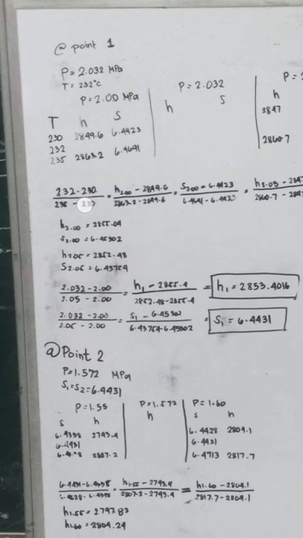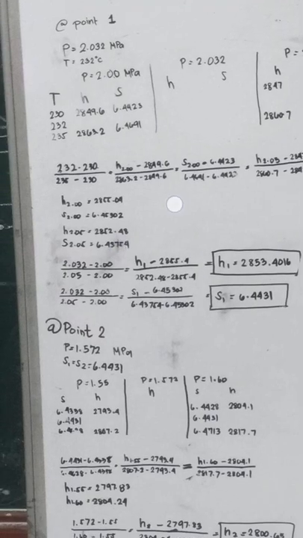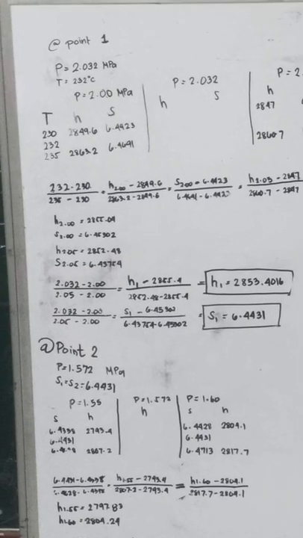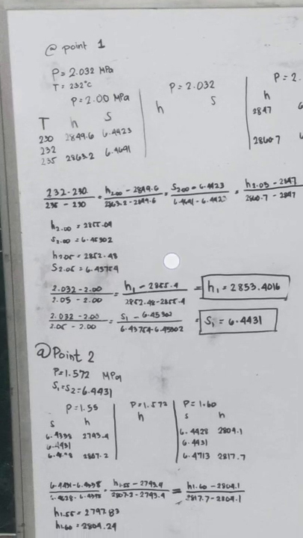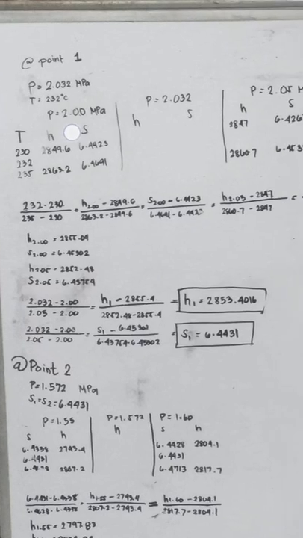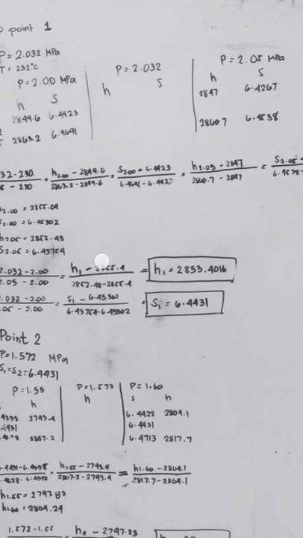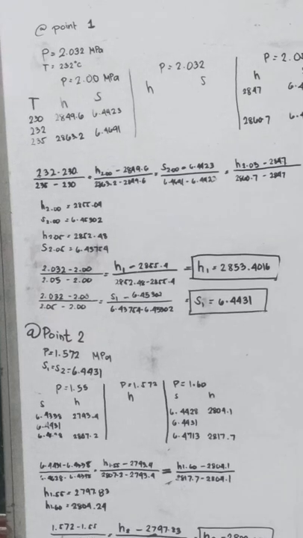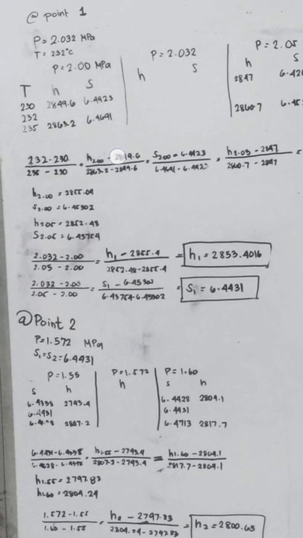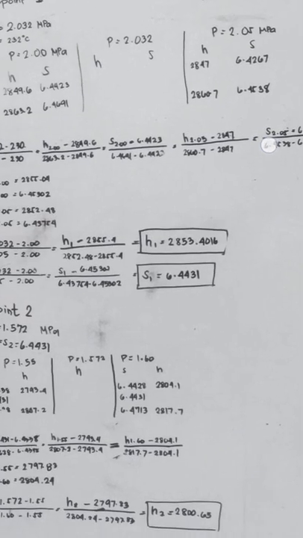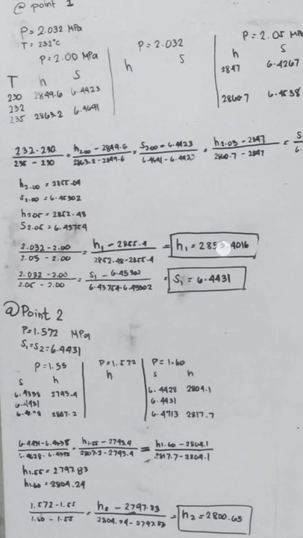Since we have all the given enthalpy and entropy at these two pressures, we can solve for the unknown enthalpy and specific entropy using the same process as before.